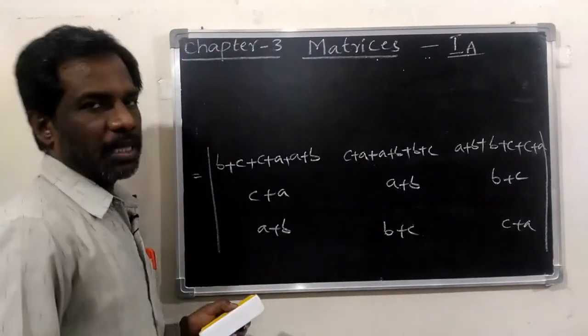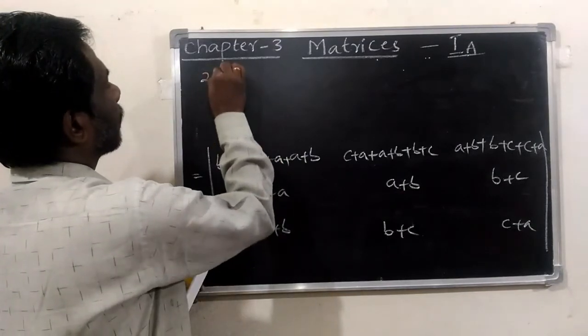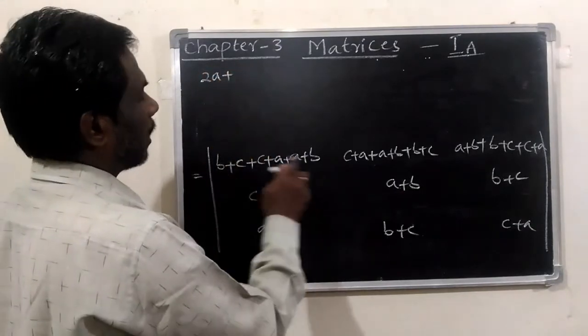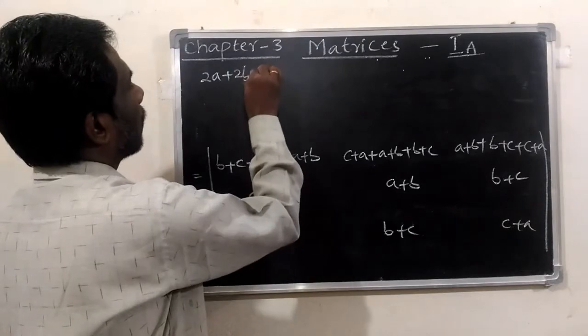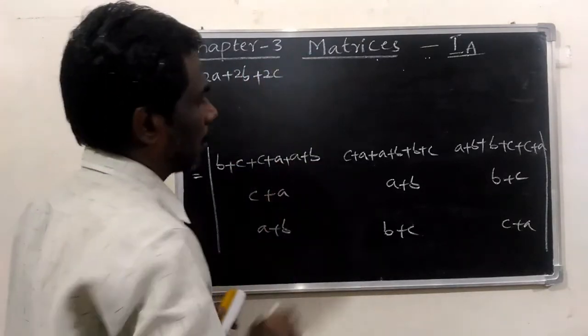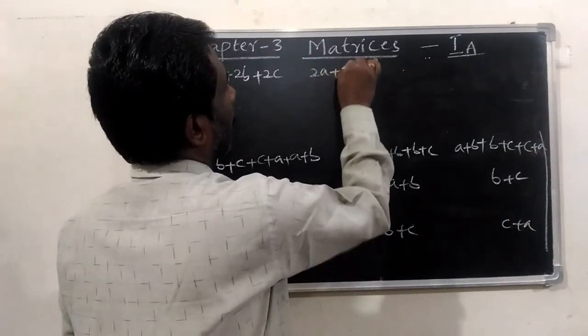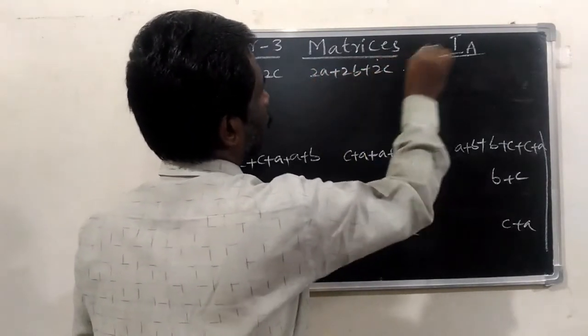Now we simplify the first row. a plus a is 2a, b plus b is 2b, c plus c is 2c. Like that, in each place we get 2a plus 2b plus 2c.